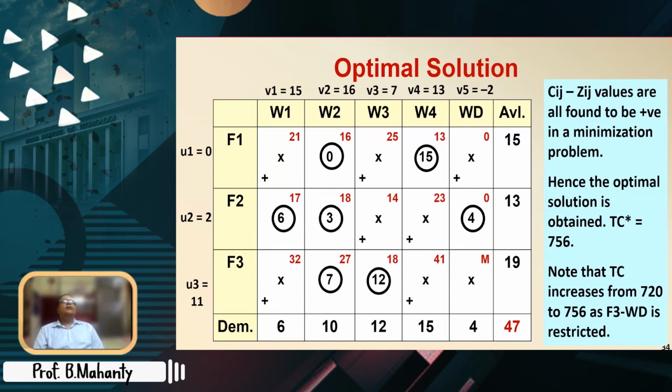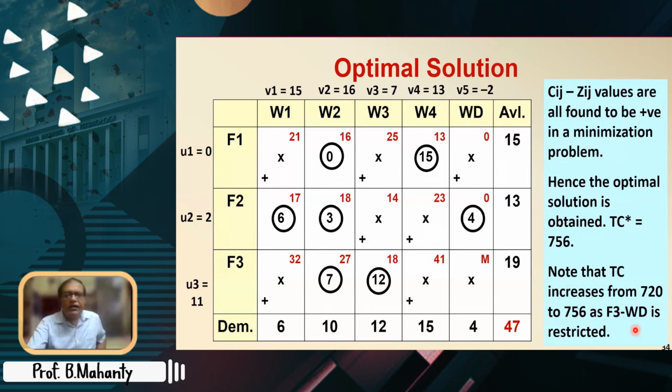With that restriction, we found a new solution nevertheless, but that new solution is not as good as the original solution. The total cost has gone up by 36, that is, from 720 it has gone up to 756. All right, so this point has to be remembered.